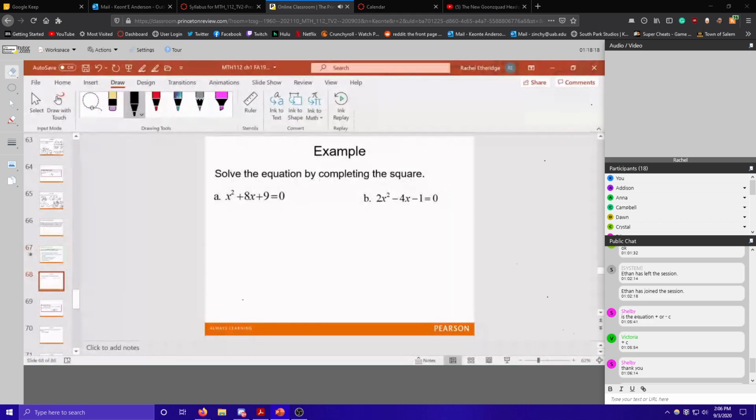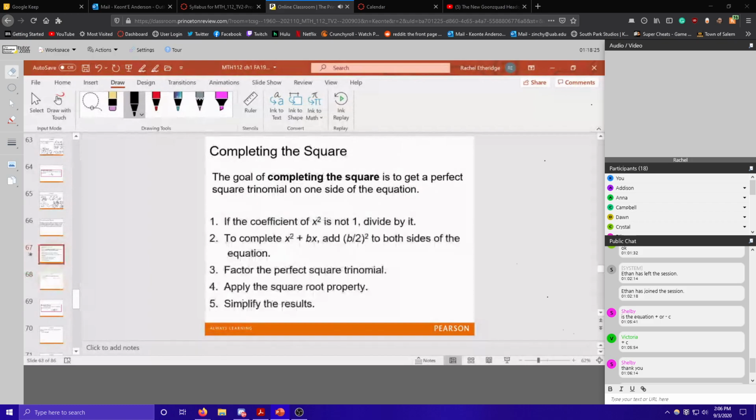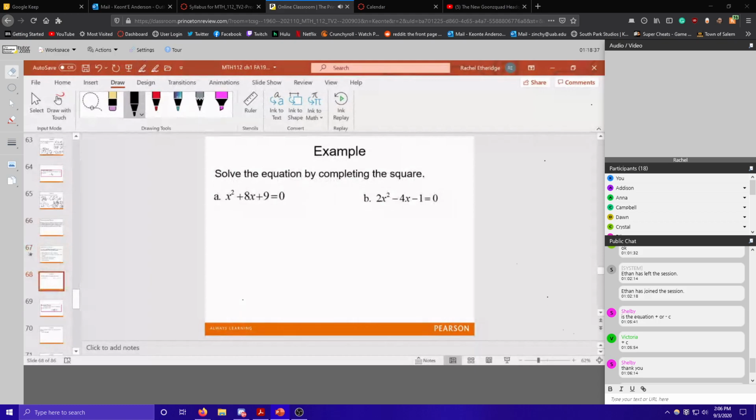Now, let me just write this. The first step is to see if x squared has a coefficient other than 1. In our example, no, it doesn't. That's 1. So I'm going to check x squared and make sure the coefficient is 1.